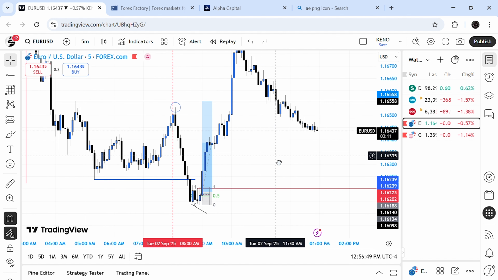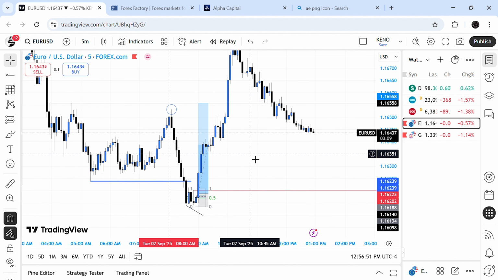So this is how important risk management is, because even after all those losses last week, I was still profitable because I was maintaining my risk, and this one trade made back triple my losses. So this is how important maintaining proper risk management is, and I continue to encourage you guys to use proper risk management and not overtrade. But yeah, this is a great way to start off.